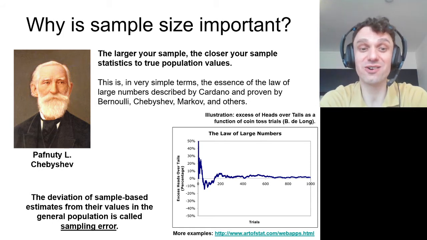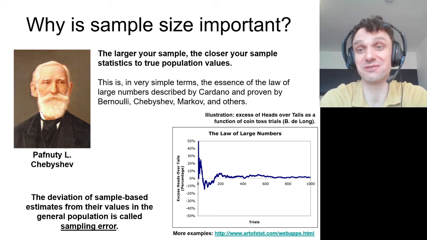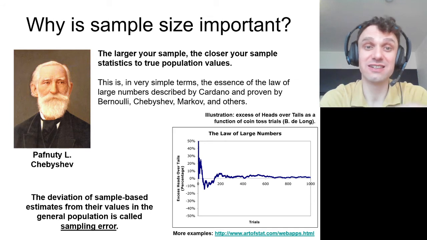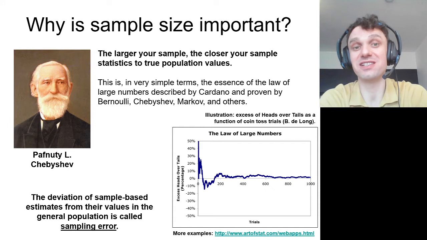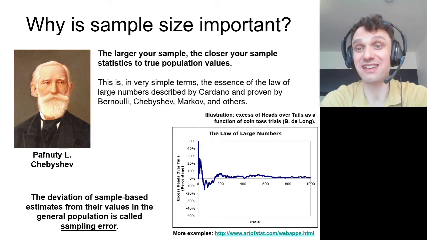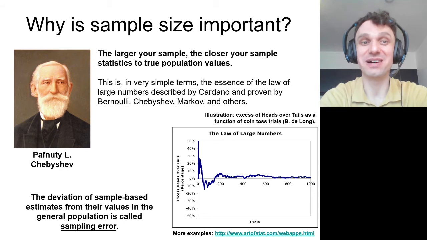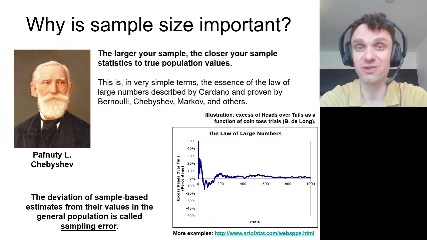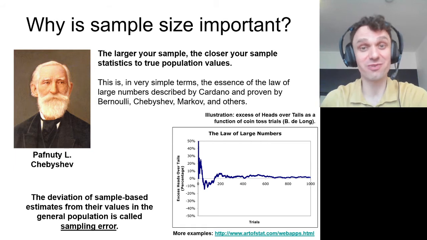And this law, explained in simple terms, is the larger is your sample, the closer are your estimates of sample properties to their values in the population. So if you survey 10 people and ask them whether they like ice cream, your estimate might be actually fairly far away from the real attitude of Russian people to ice cream. But if you survey 100 people or 1,000 people, your estimate is likely to be much more precise.